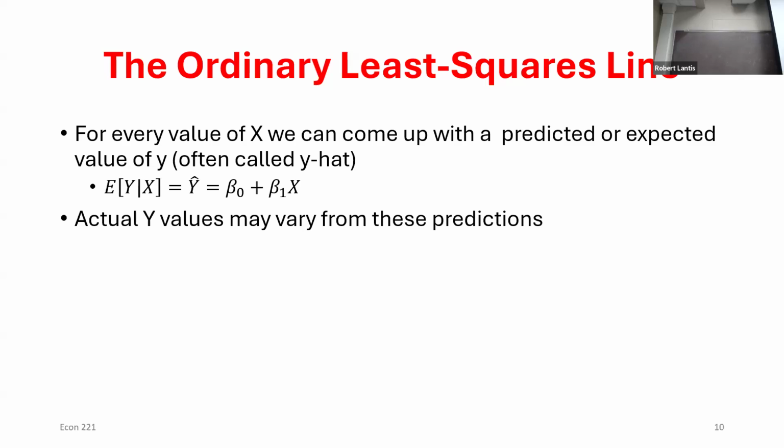Now, the actual value for Y, for any one observation, maybe this observation has an X of 5, well here. Notice it is 5, but the actual Y value is much higher. So for this one observation, the difference between the actual Y value and the predicted Y value is relatively large.